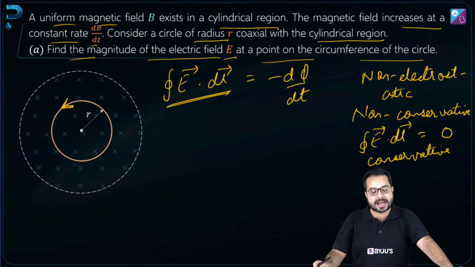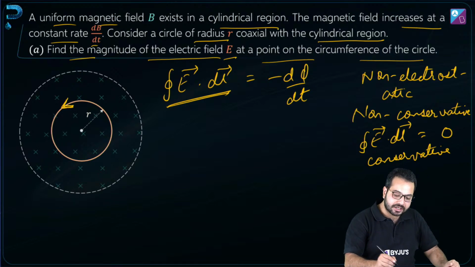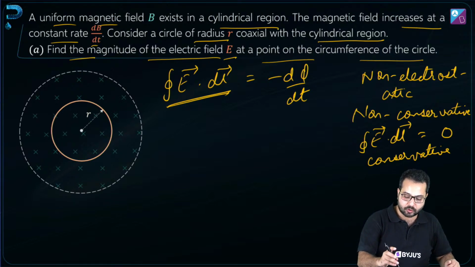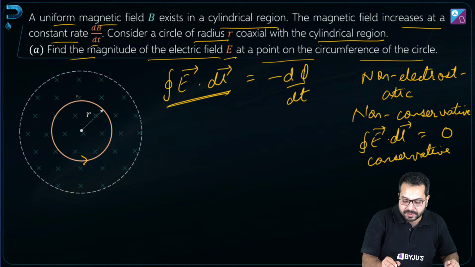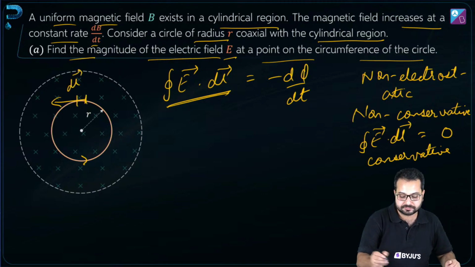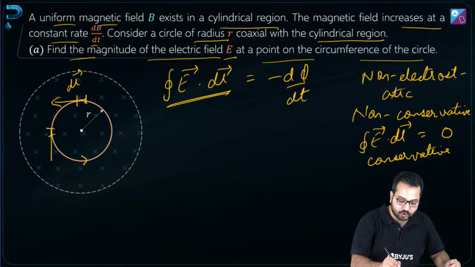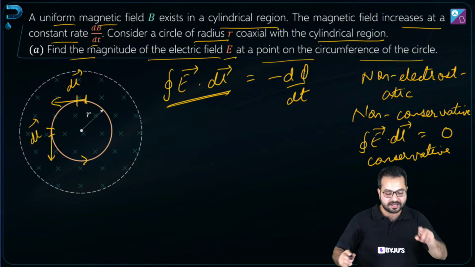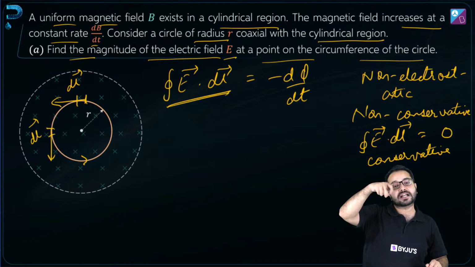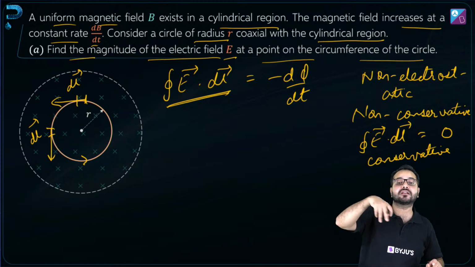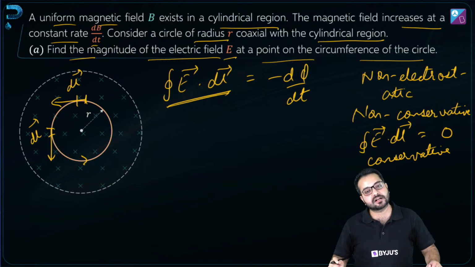What does it mean? It means that here the direction of dl is going to be towards the left, and here the direction of dl is going to be downwards. So basically the sense that I have given to the loop is going to dictate the direction of dl. Is that right?